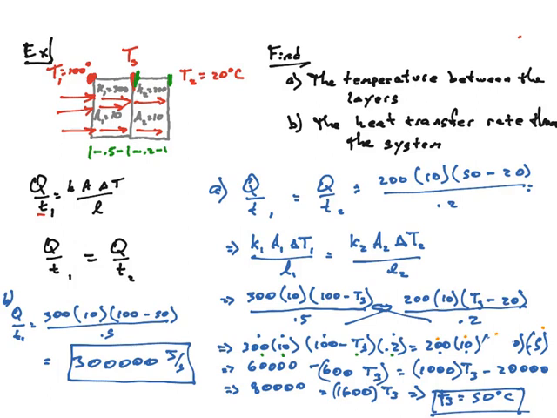Once you've calculated that, thankfully, for the heat transfer rate of the whole complicated system, no matter how many layers it is, all you have to do is calculate one of the layers. So pick 1 or pick 2, it doesn't matter which you pick, and then use the T3 you just found to calculate the heat transfer rate for that. Once you find it for one of the layers, that must be the rate for the whole thing.